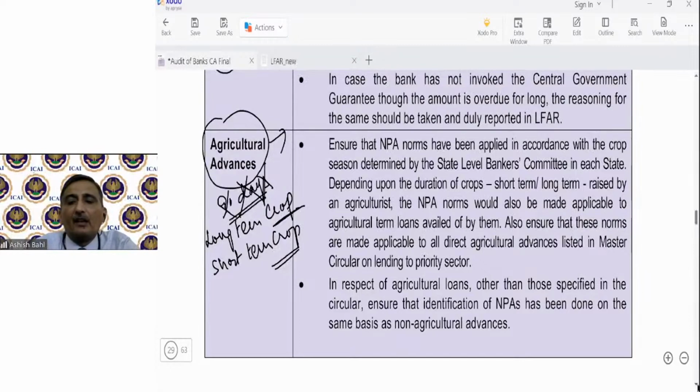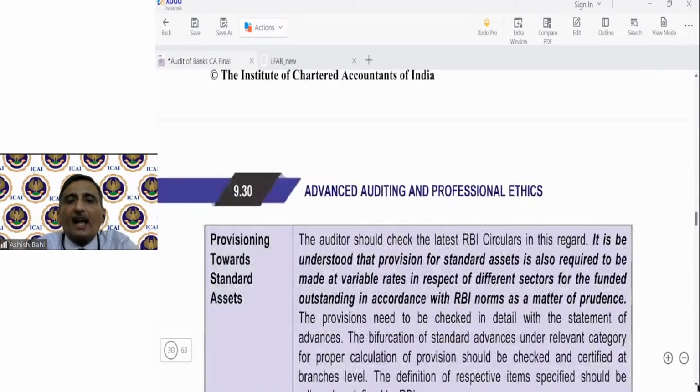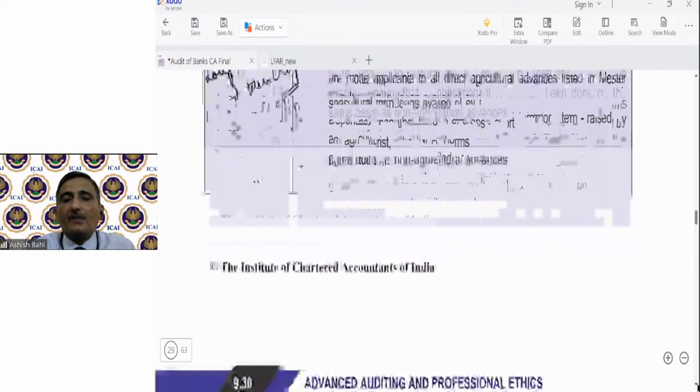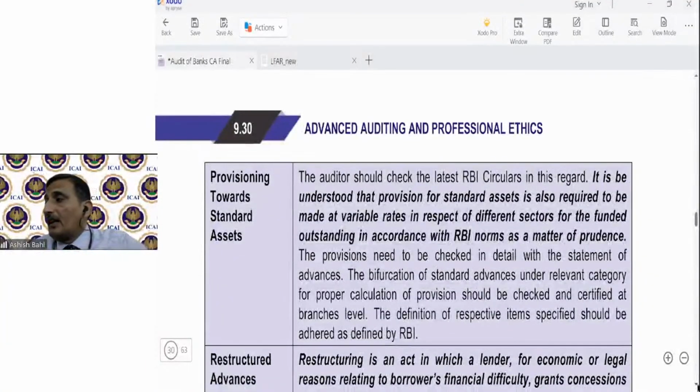In case of such agricultural loans, the NPA norms state that in case of short-term crops, the account would be classified as NPA if it remains overdue for 2 crop seasons, and in case of long-term crops for 1 crop season. Okay. So the auditor has to see this. He has to verify this.